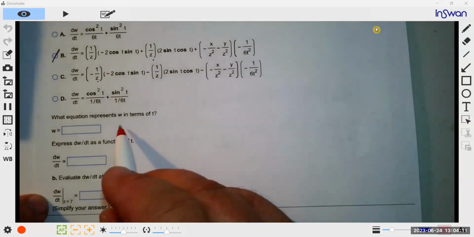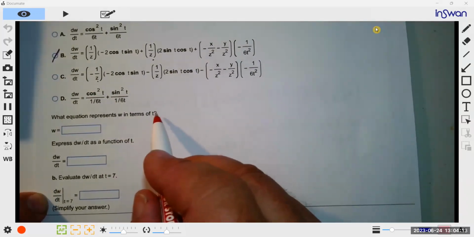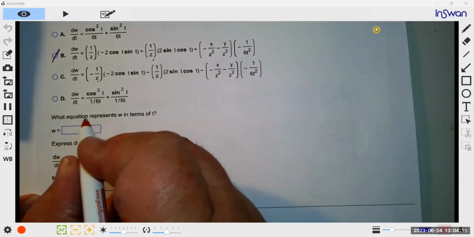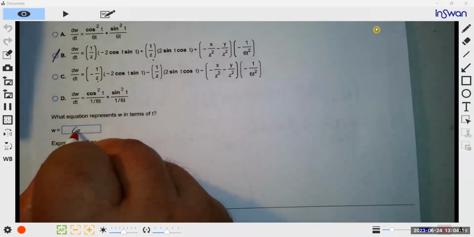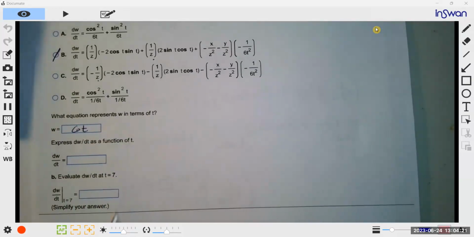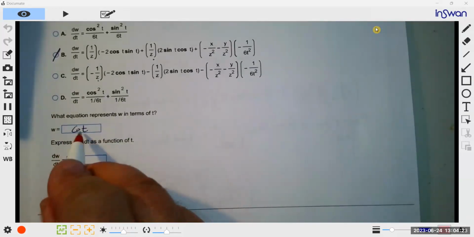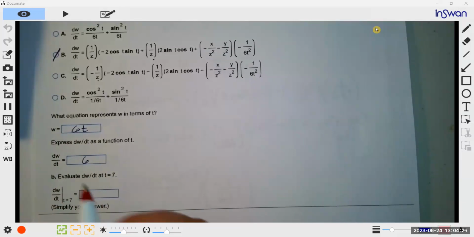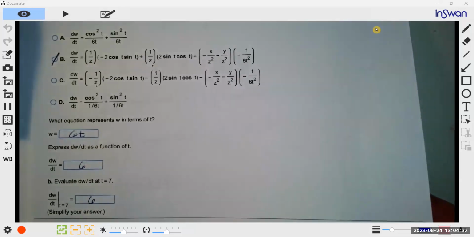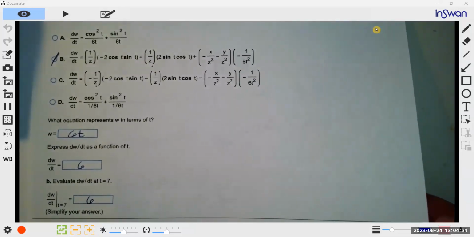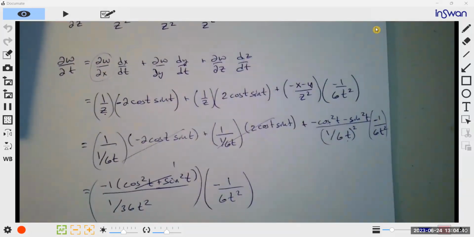What equations represent w in terms of t? The derivative of w with respect to t is just 6. When t equals 7, it's still 6. Okay, that's that page.